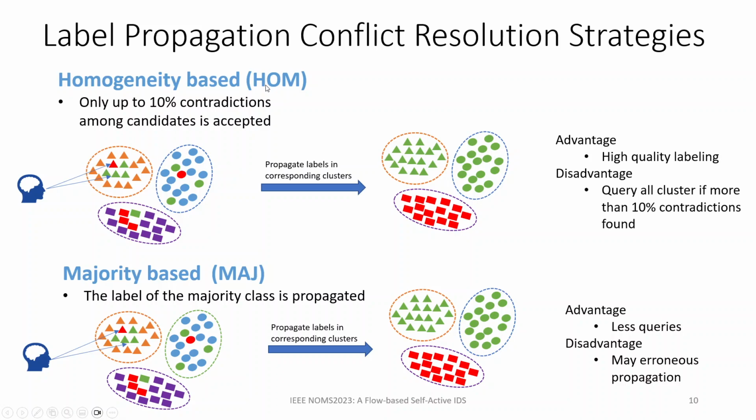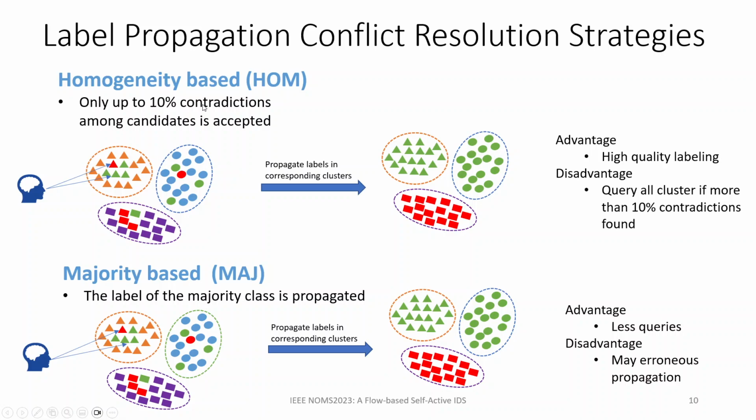In the homogeneity-based strategy, if we find a contradiction between labels after human annotation, we only tolerate the contradiction up to 10%.